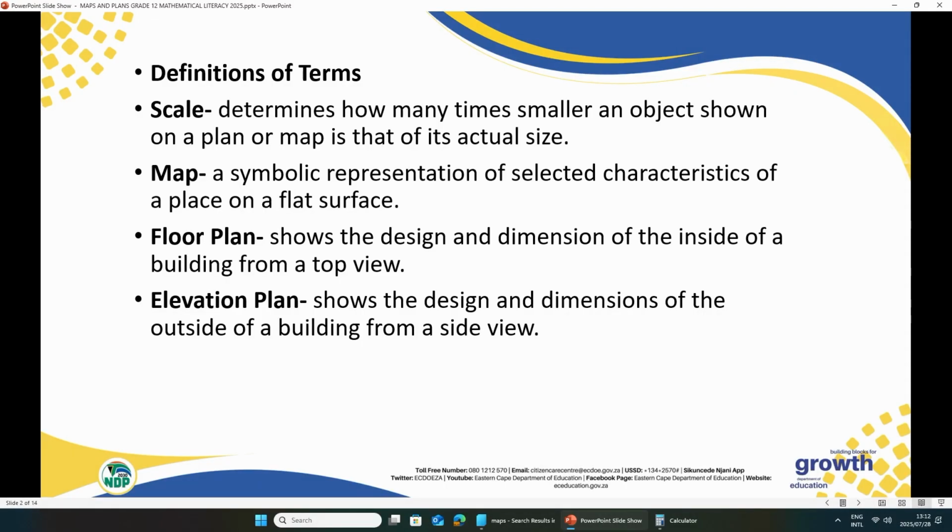Then an elevation plan shows the design and dimensions of the outside of the building from a side view. So you can see the floor plan and the elevation plan, how different are they? They are both plans, but they are different. The elevation plan shows the side view.